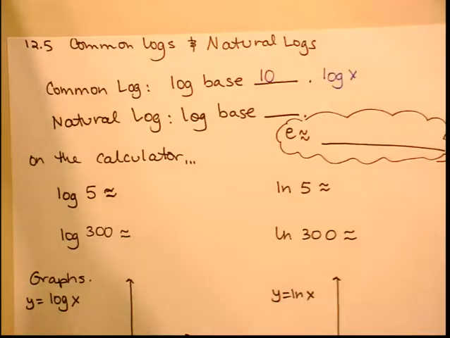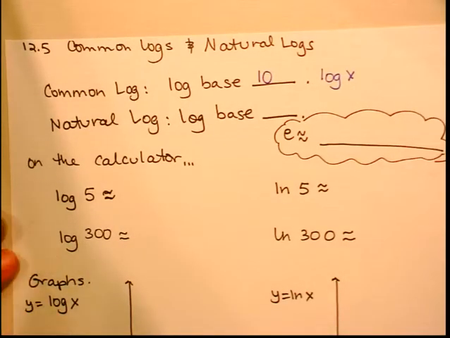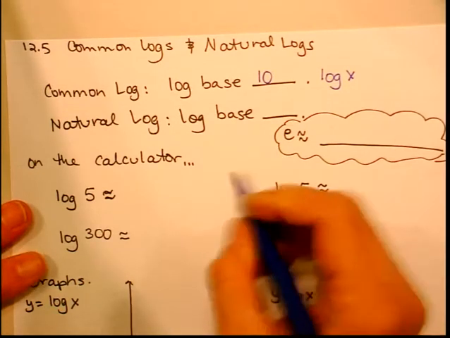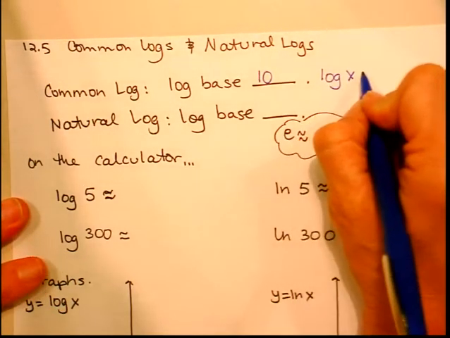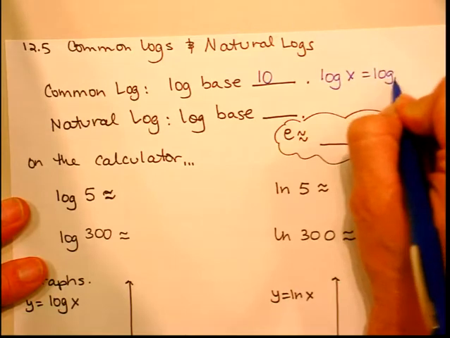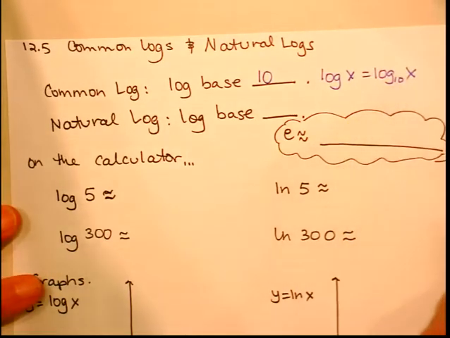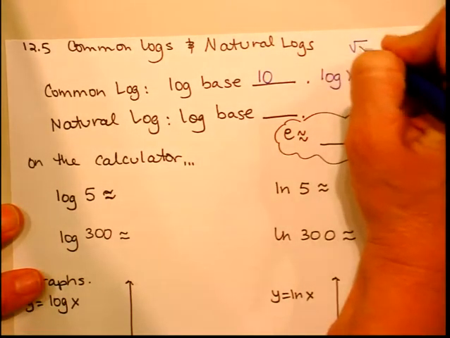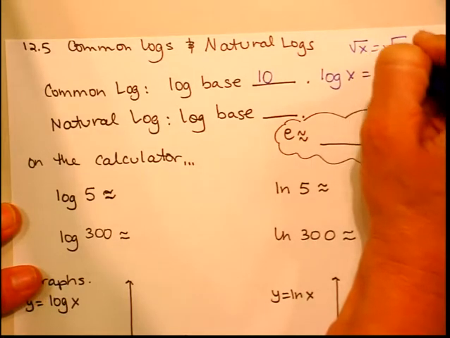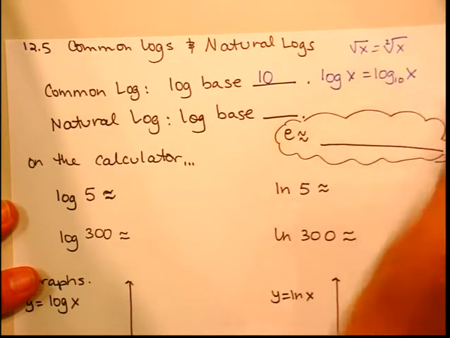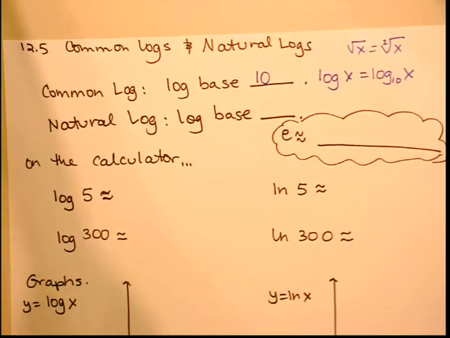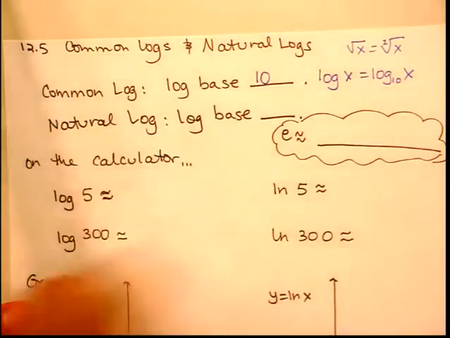If there's not a specific base written, it's understood to be 10. So log of x is the same thing as log base 10 of x, just like radical x is the same thing as if I write the radical and put a little 2 in there. If it doesn't have a base written for your logarithm, it's a 10, and that's called the common log.